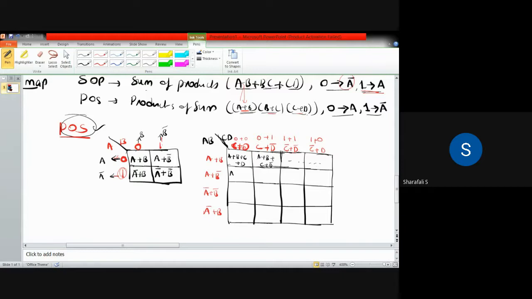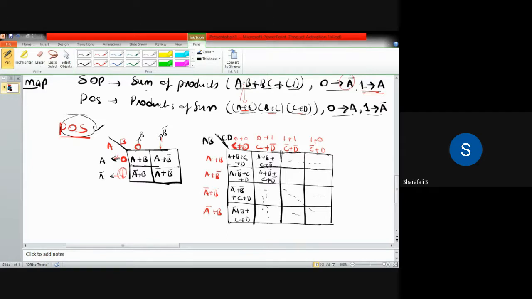In the next one, A plus B bar, here C plus D. Here A bar plus B bar, here A bar plus B. This way you can fill all those cells and complete A plus B bar plus, and so on for all these cells.